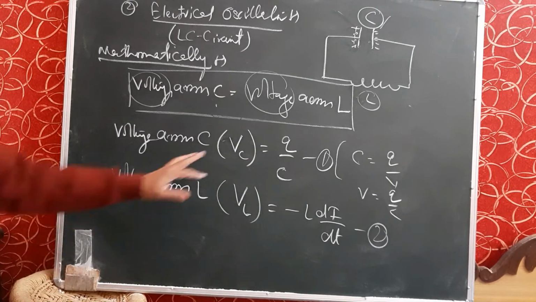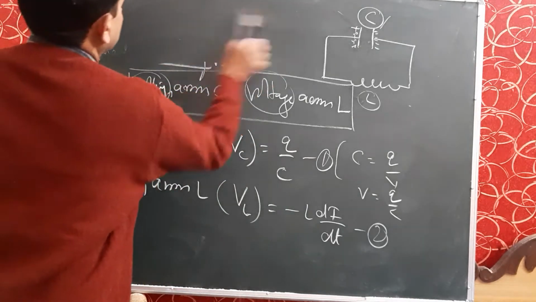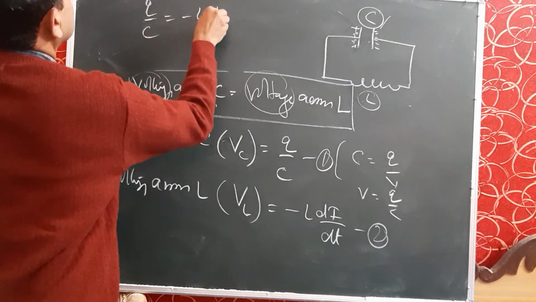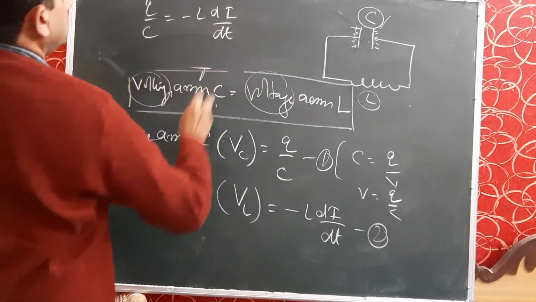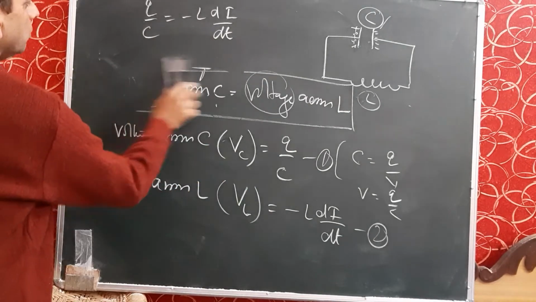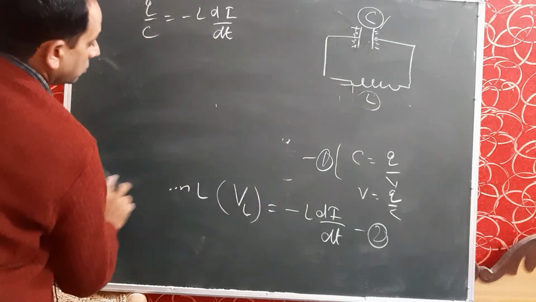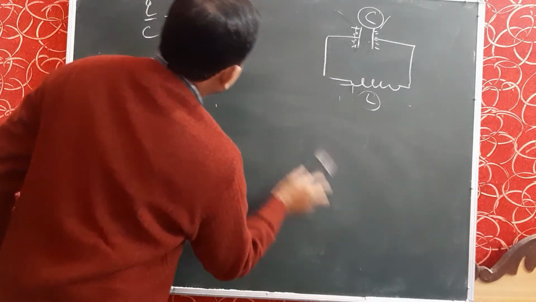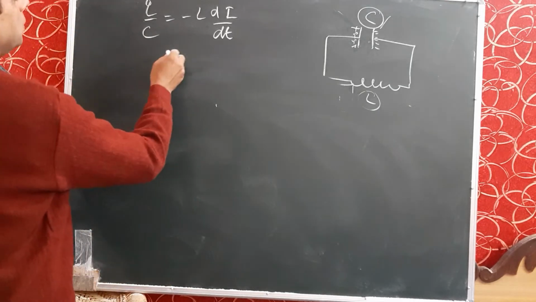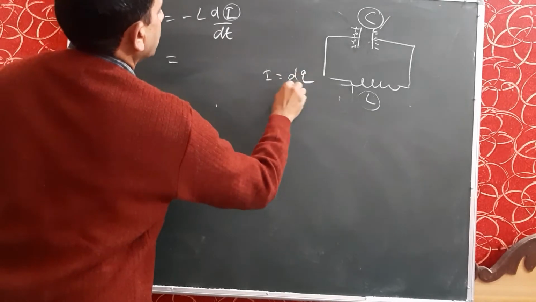Comparing both, we get Q by C is equal to minus L di upon dt. It is just like the restoring force, but here we use the concept of voltage. Now change the current I in terms of charge.